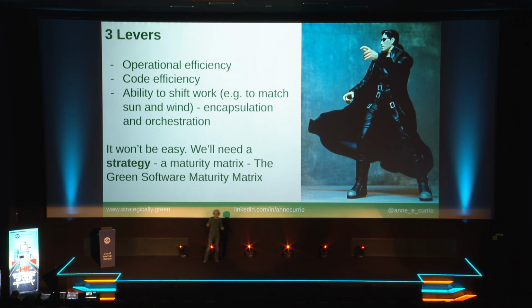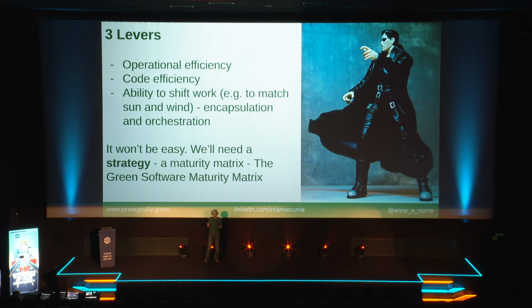The next lever that you have to pull is code efficiency. So code efficiency is about running your systems and providing the same functionality and the same levels of service on fewer CPU cycles. Because the amount of CPU calls that are made is very related to the amount of electricity it uses, and electricity at the moment is often not generated in a green way.